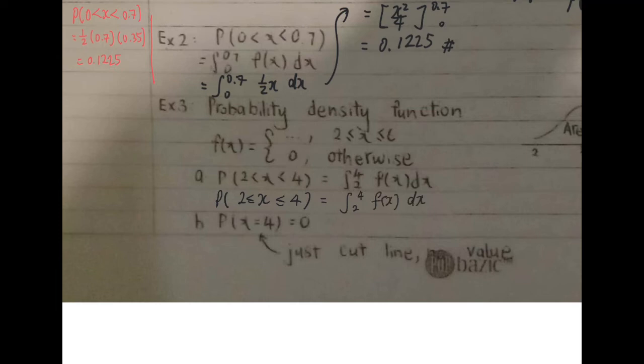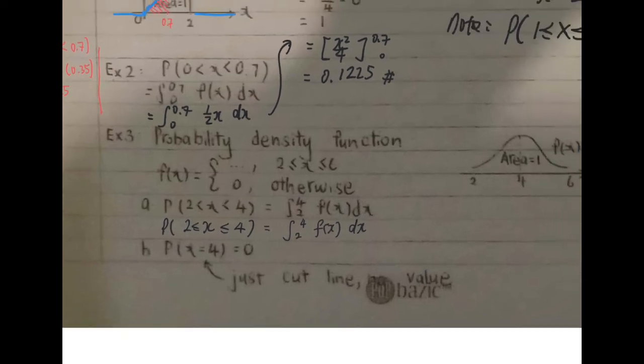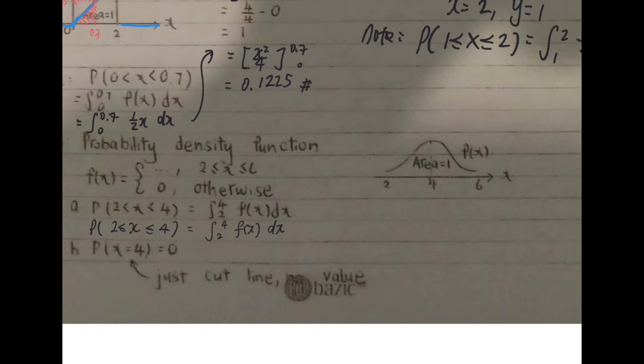No matter whether 2 and 4 are included or not, the integration is just the same, so we end up with the same answer. So that means for continuous, no matter whether you include the integer or you don't include the integer, it will end up with the same probability.